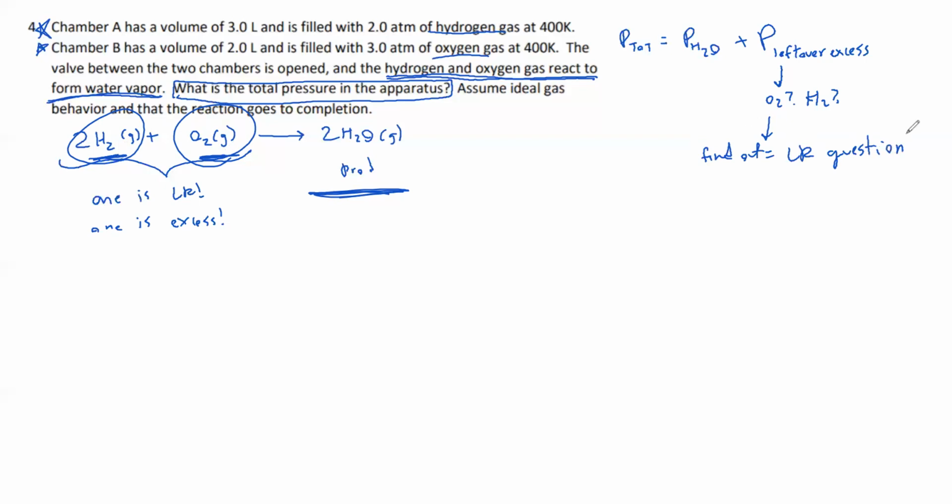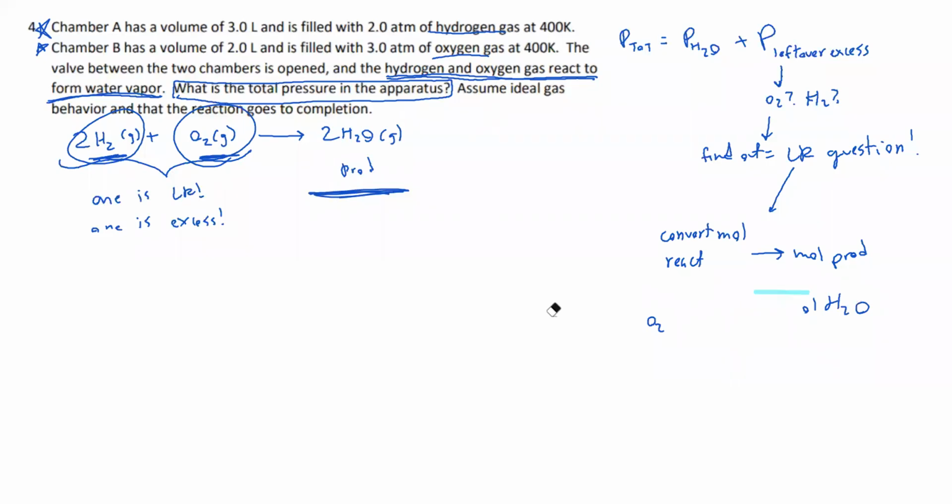And just to recap, in limiting reagent questions, the way you solve them is convert from the moles of your reactants to moles of your product. So we're going to do that. We're going to convert from moles of hydrogen and oxygen to moles of water and see which one is the limiting reagent.